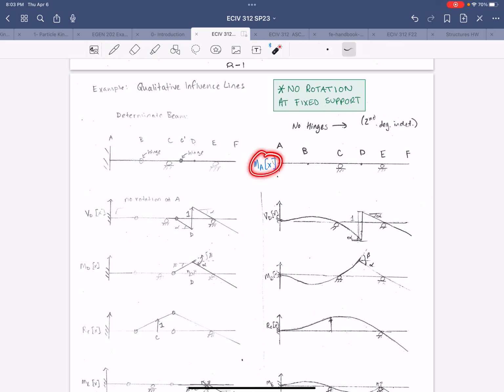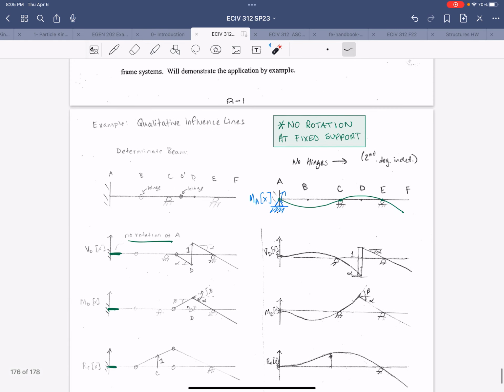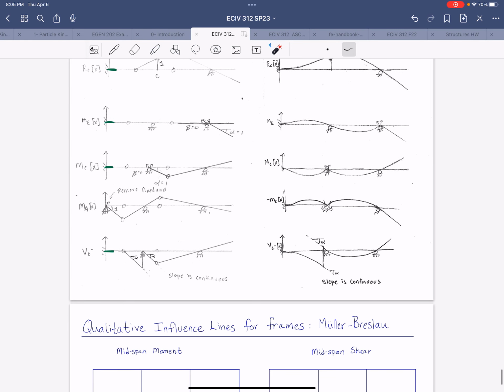So again, you can see here at the moment at A, you remove the fixed support, replace it with a pin, force it through unit rotation. That's going to cause the beam to deflect downward here. Since there's a hinge right after it at B, we can have that displacement. So you end up with this shape, and this is the only exception to all the other ones which have zero slope.